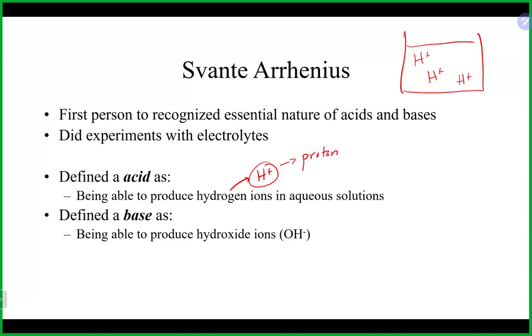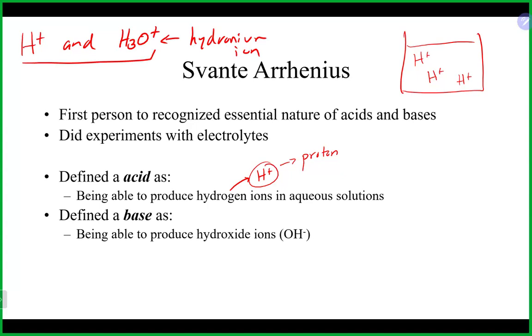In addition, H plus and H3O plus, which is a polyatomic ion, the hydronium ion, are essentially the same thing. They are used interchangeably in formulas, and also in equations and reactions.